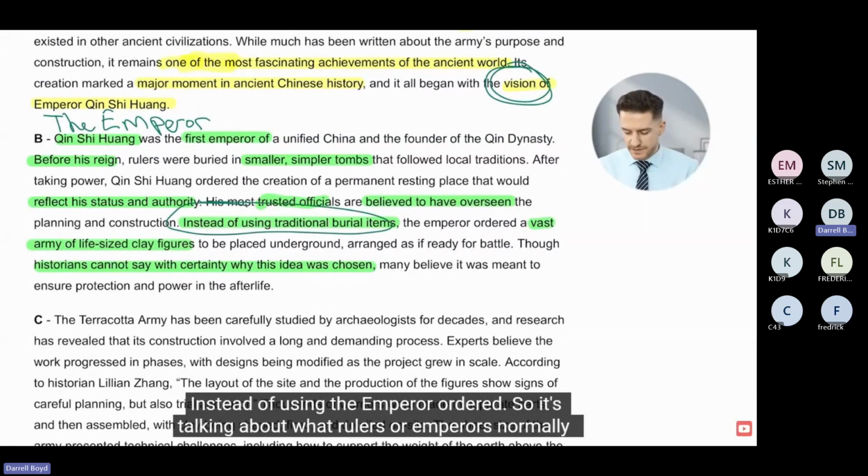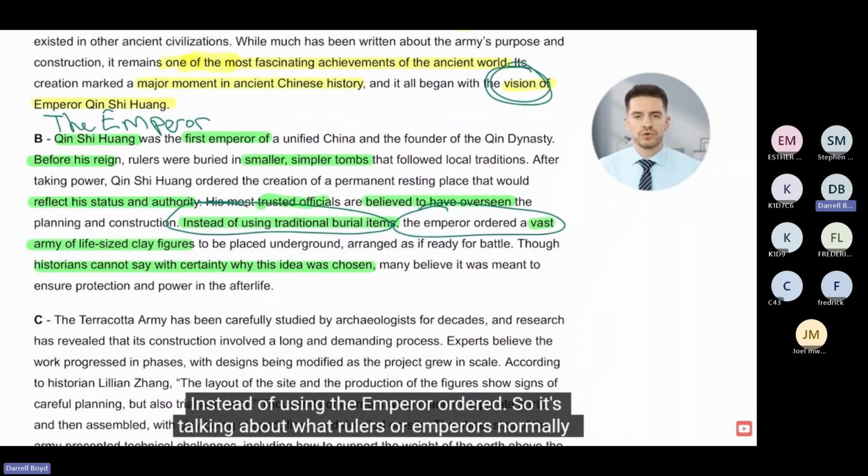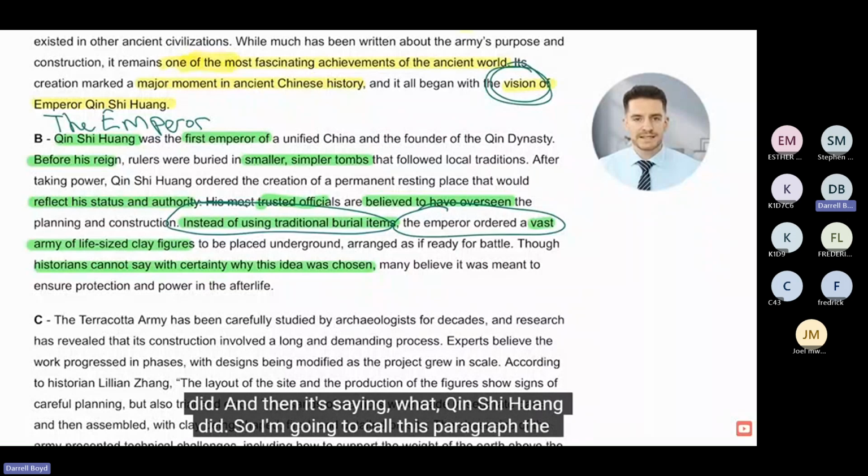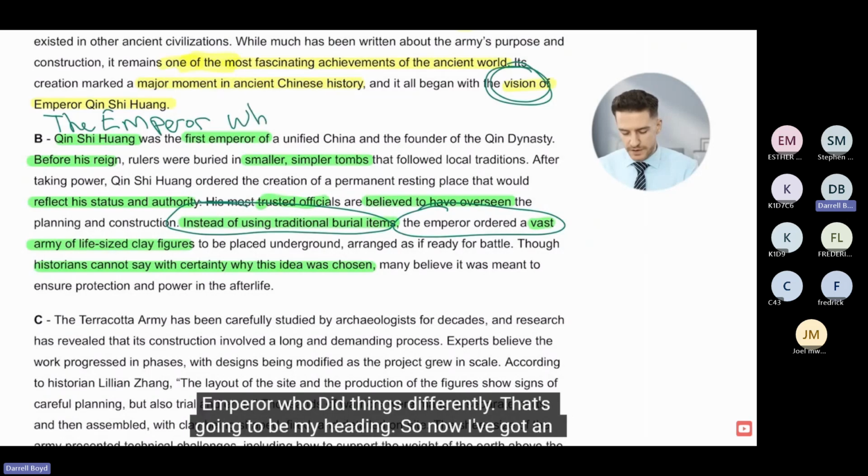Instead of using, the emperor ordered. So it's talking about what rulers or emperors normally did, and then it's saying what Qin Shi Huang did. So I'm going to call this paragraph the emperor who did things differently. That's going to be my heading.